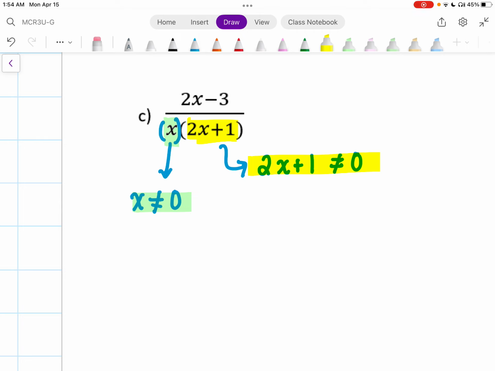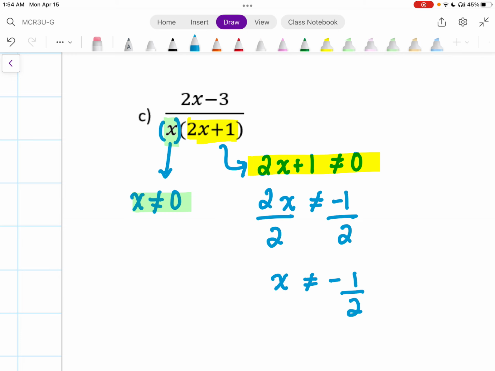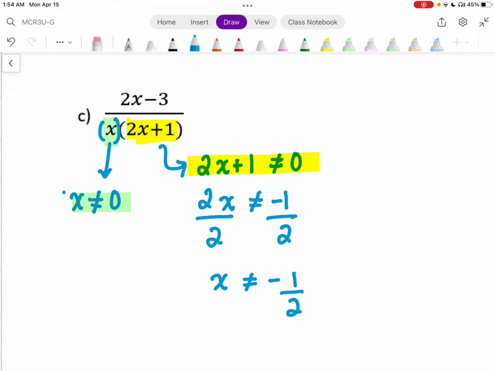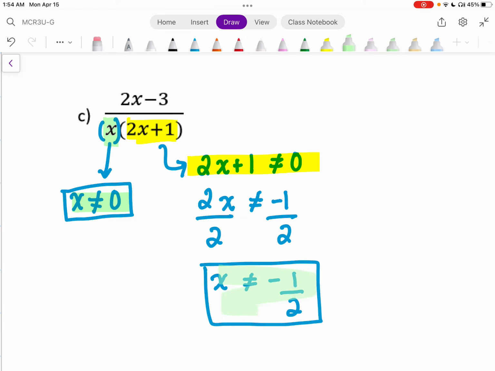Because if any of those brackets equal 0, we know that if one of them is 0, we're going to get a 0 product, okay? So then let's just isolate, take that 1 over to the other side, becomes -1 divided by 2. We have x cannot equal -1 over 2. So the restriction here is going to be x cannot equal 0 and x cannot equal -1 over 2.